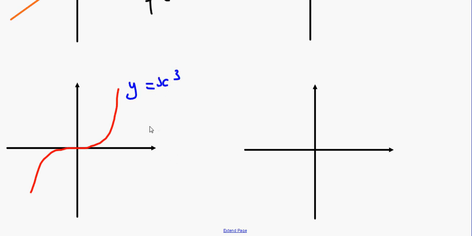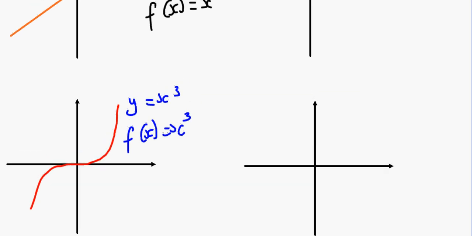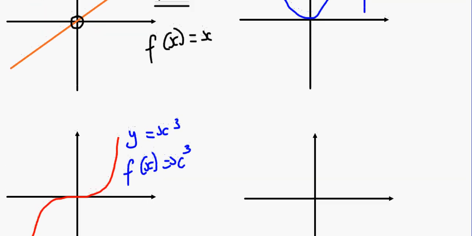It looks a bit like a snake, or a bit like a sigmoid shape, to be honest. So this is f of x equals x to the power 3. The fourth one, I should have said that there were five shapes that you need to know, the 5 graphs that you need to know. The fourth one is this one.